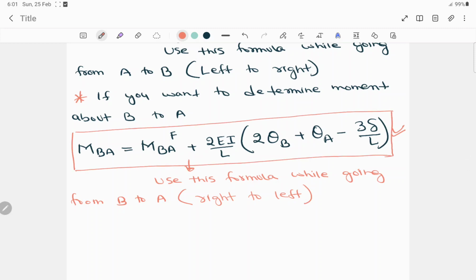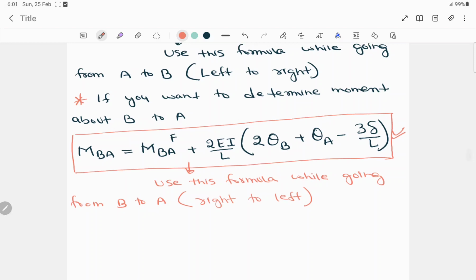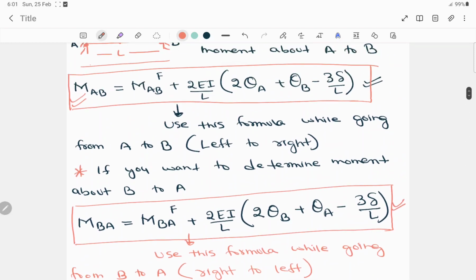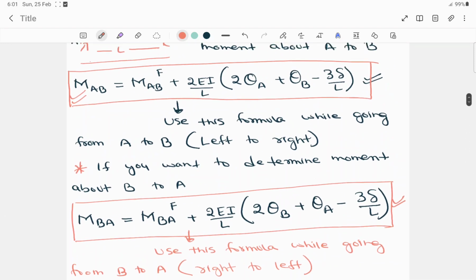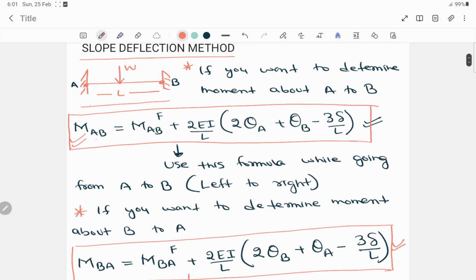So both the formulas are very important, and just see the difference between them. You just have to remember this formula. Moment about A to B, if you have to find A to B, then you will write AB. Here this MABF is the fixed end moment about AB.